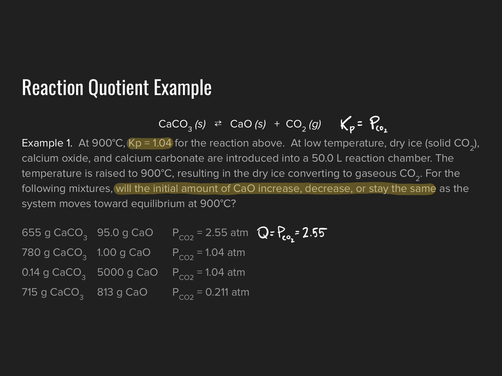And recall again, the entire purpose of Q is to compare to the value of KEQ. 2.55, my current value of the partial pressure of CO2, is greater than the value of Kp given to me for the system of 1.04. Implying, therefore, the current partial pressure of CO2 is greater than that partial pressure of CO2 would be at equilibrium. And as such, to establish equilibrium, our system must therefore shift towards the reactants, that is, shift to the left.